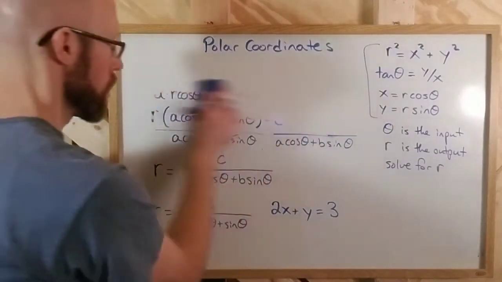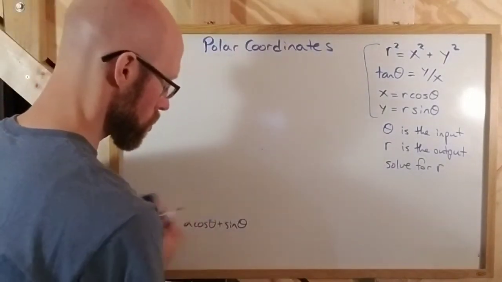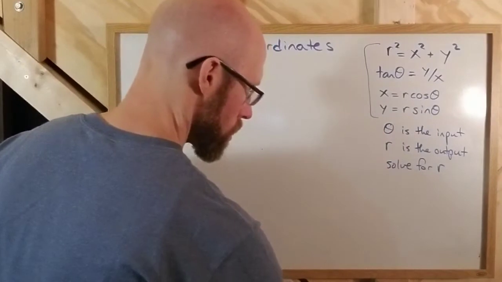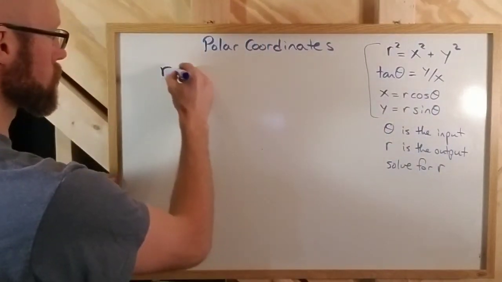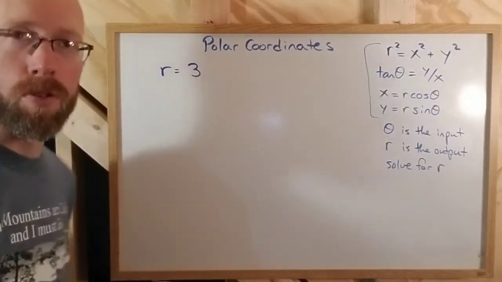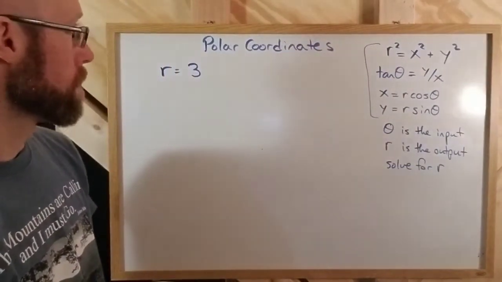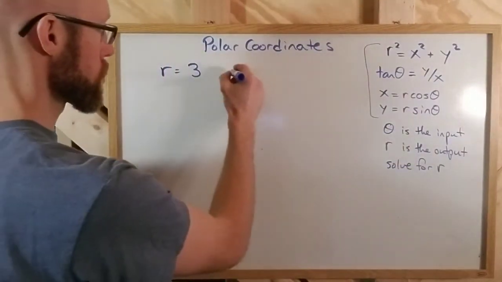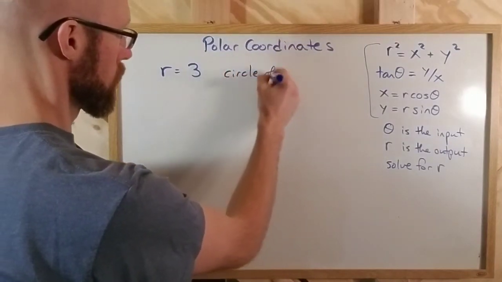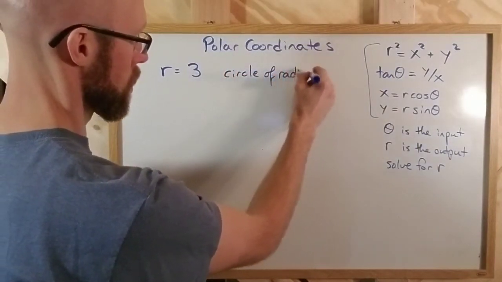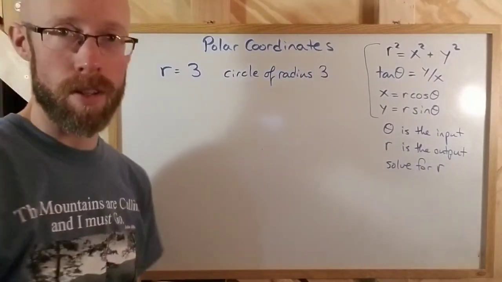However, as we saw a little bit ago with circles, the polar form of a circle, let's say r equals 3, well, that's a nice circle of radius 3, and it's centered at the origin.